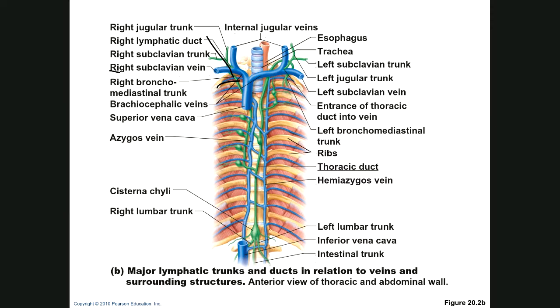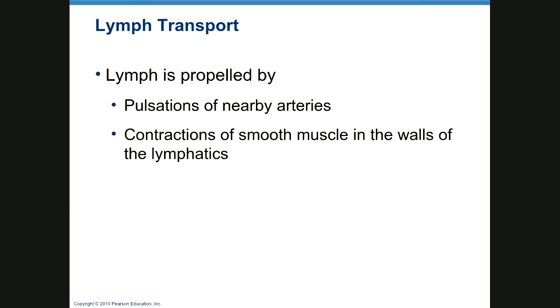So right here is where the thoracic duct dumps its fluid. And you see how big this thoracic duct is. In the case of injury, in the case of cancer, this thoracic duct can break and then it will spill fluid out to surround the lungs and crush the lungs where they don't function properly.